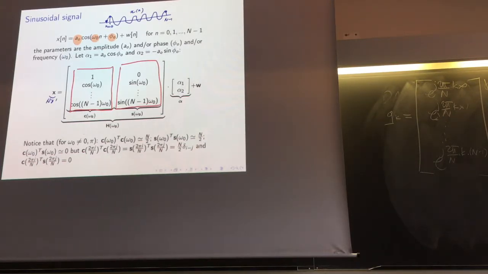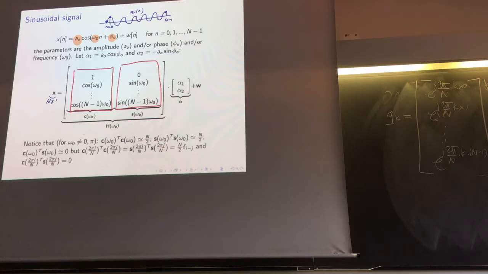So if I write in an extensive way, this is the sum of cosine omega 0 times k sine omega 0 times k, k equal 0 to n minus 1. This is another way to write this product. Now you need to tell me why this one is approximately 0, is not 0.